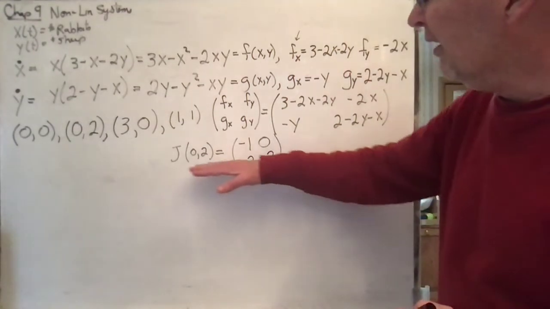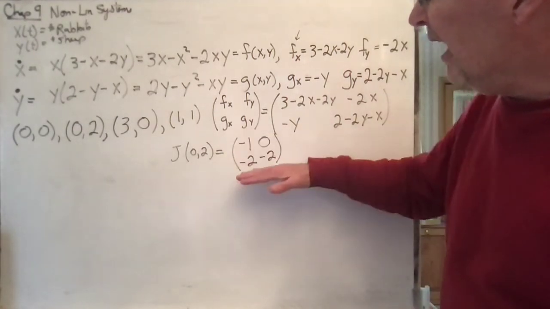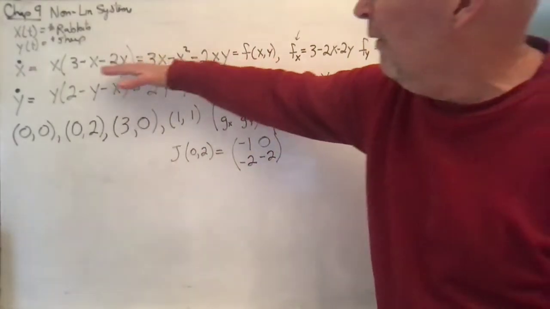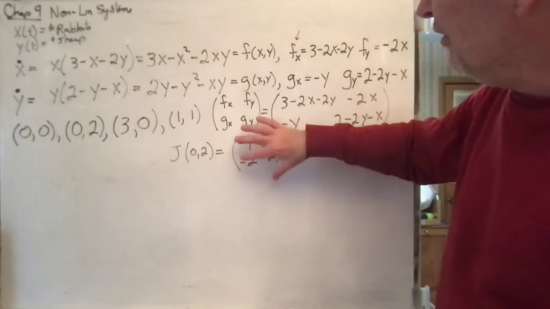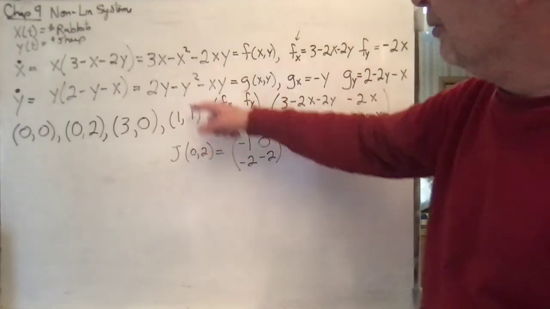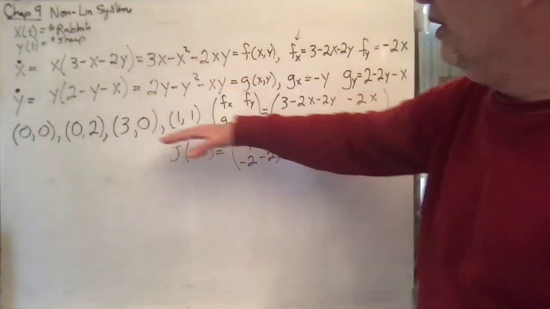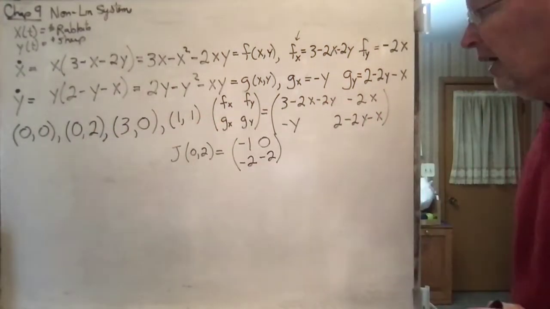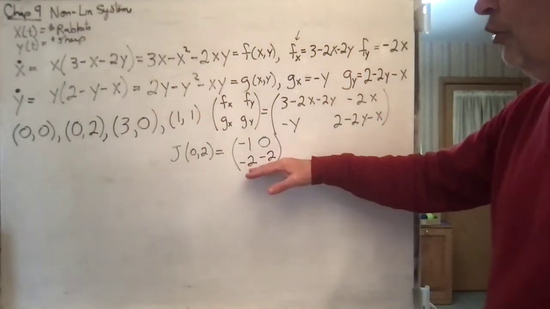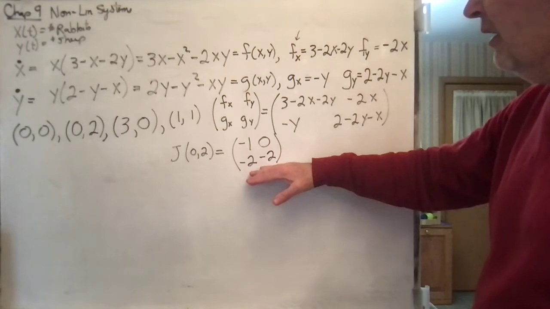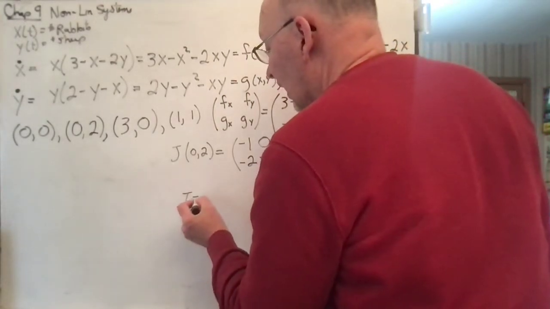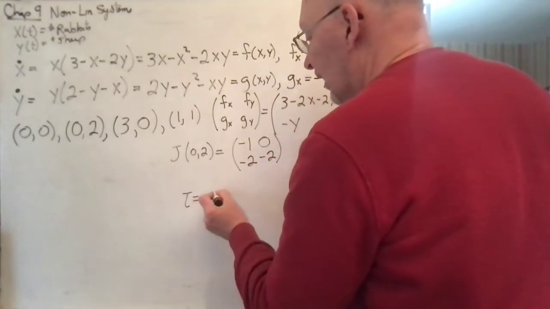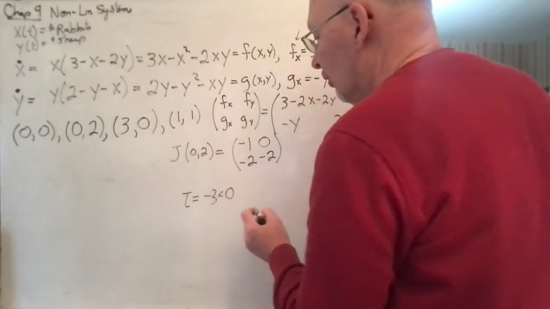So basically this is the behavior of this system close to this point. We've basically found the behavior of this system close to the point 0,2. Okay? So at the point 0,2, we can evaluate this just like we did in the past. We can say, oh, okay, tau is equal to negative 3, which is less than 0.